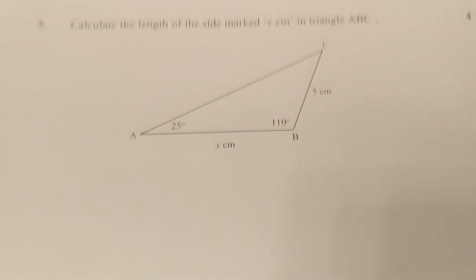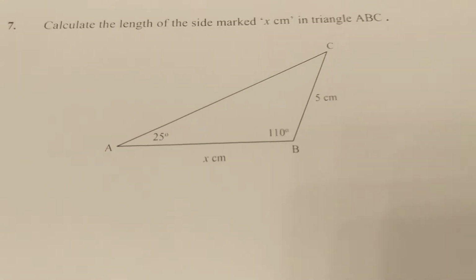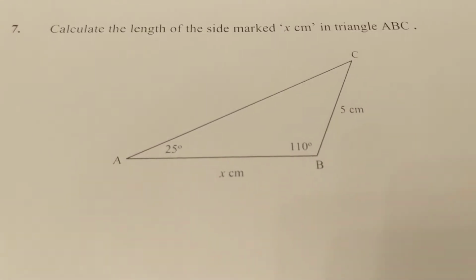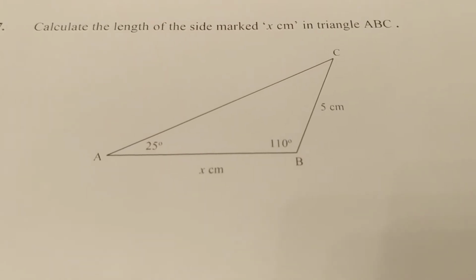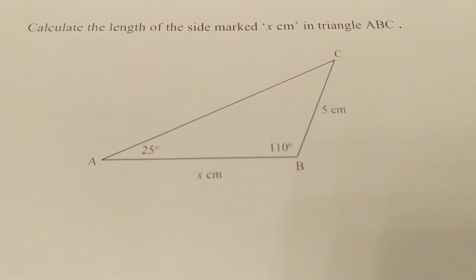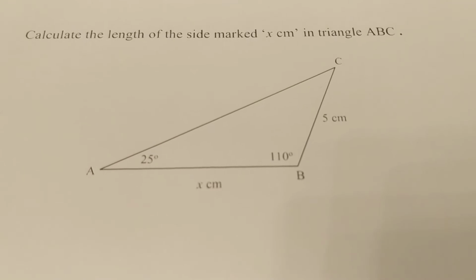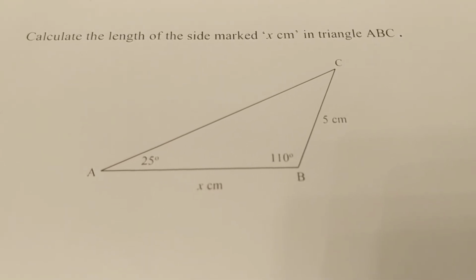Question 7. Okay, so we've got a triangle, we've got 2 angles inside. I've got the 5 centimetres and I want to find out what that x centimetre is. Calculate the length in a triangle, so it's either sine rule or cosine rule. You want to find out that side.